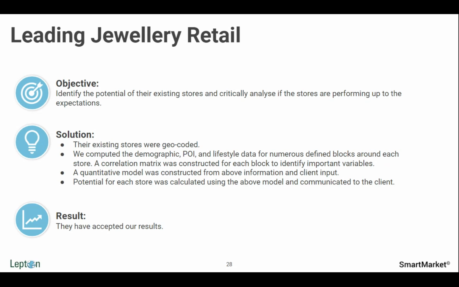Again, the stores were geocoded, and demographic parameters, business data, and POI data in conjunction with the affluence factor were analyzed to understand the business potential of different stores. Important data parameters which were affecting the business were understood, and results were shared with the retail chain, and this led to realignment of stores across India, which is still going on.